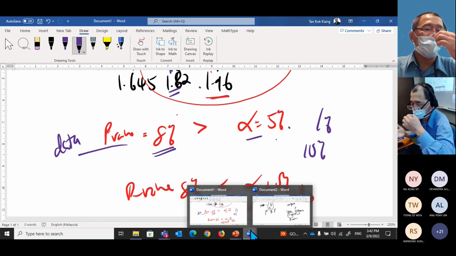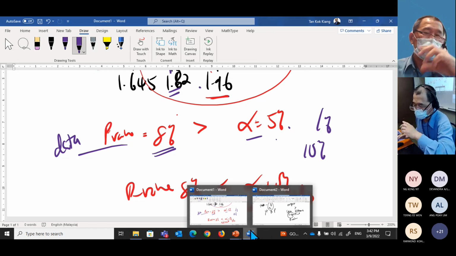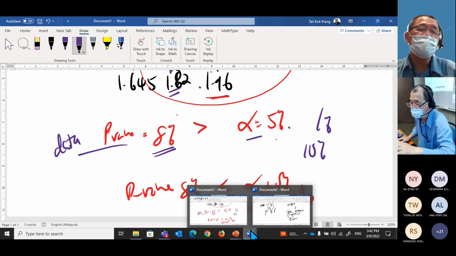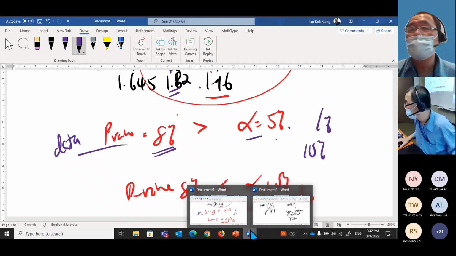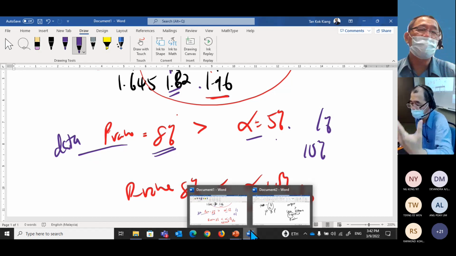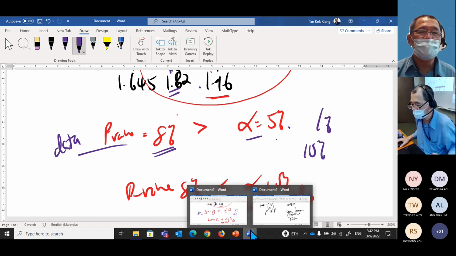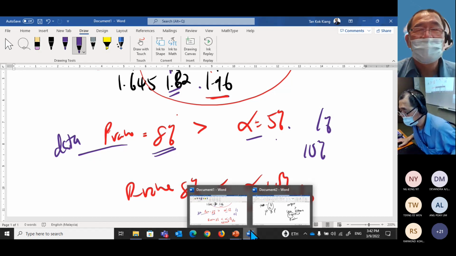Say for a master's or degree final year project at APU, the sample size must be 100 and above. So 100 and above, you confirm use Z, not T.